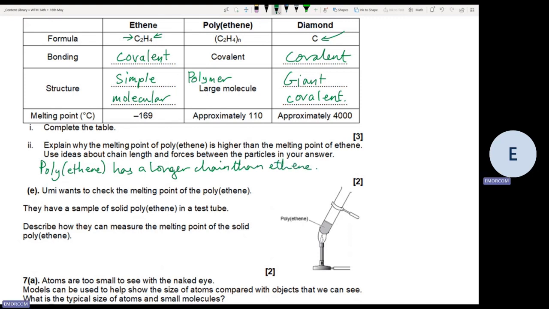And we should know that therefore it's going to have stronger intermolecular forces, because we should know that the intermolecular force strength increases as the chain length increases.